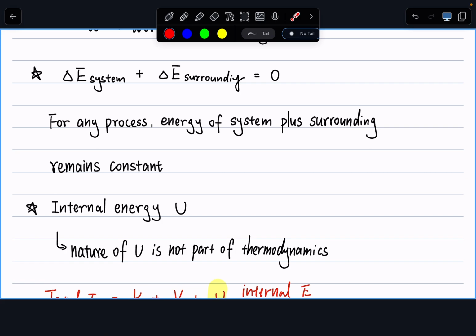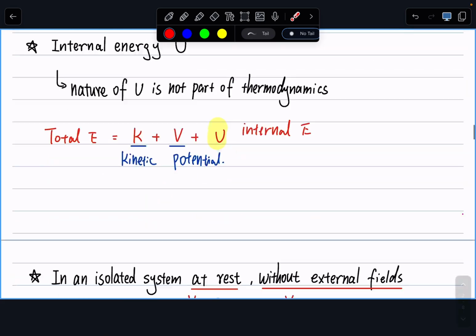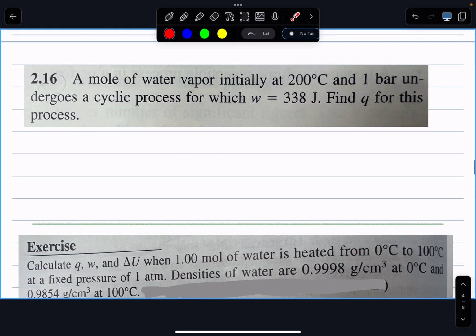All right. Okay, so if we don't have any questions, let's look at some example problems together on the first law of thermodynamics. We will have more applications of the first law later on. So, getting started, the first question here is more related to the relationship we were talking about.